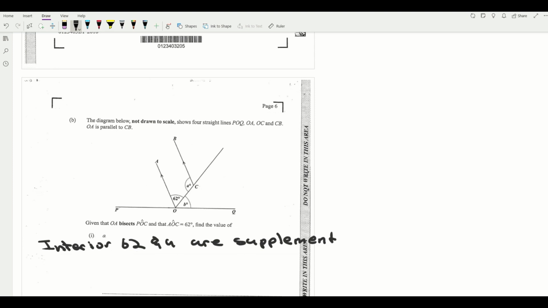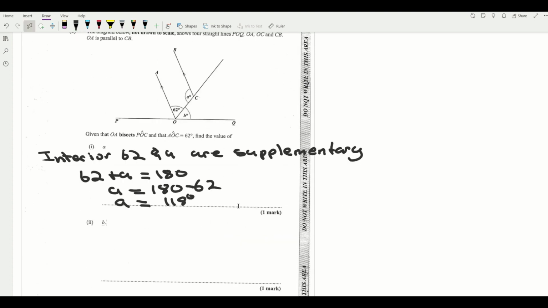What does that mean? Supplementary means that if you add 62 plus A, you're supposed to get 180. So therefore it is very easy to find. It would be 180 minus 62, which is 118 degrees, and that is your answer for this question here.